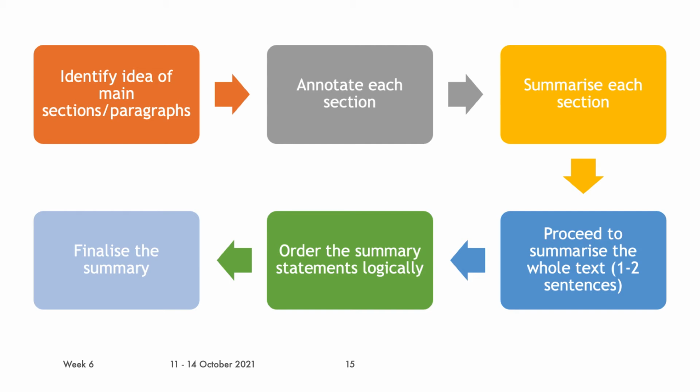And perhaps you would want to summarize the whole text into a few sentences and look at whether you are able to order the summary statements logically, and after that you finalize the summary to polish it up, to make sure the connection among sentences is effective so that it is cohesive and logically coherent.